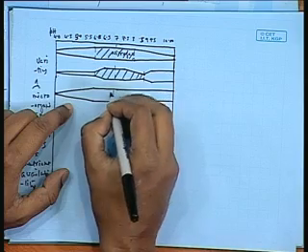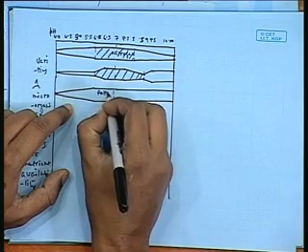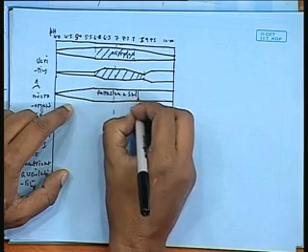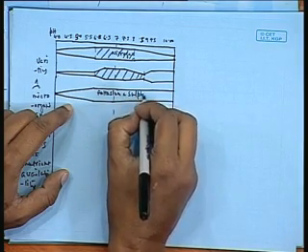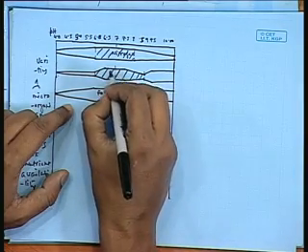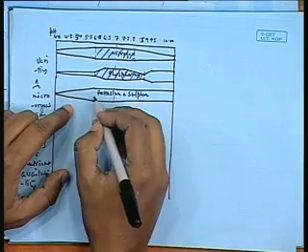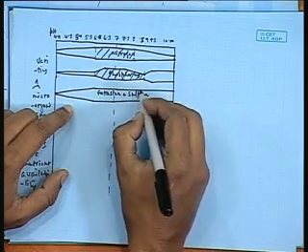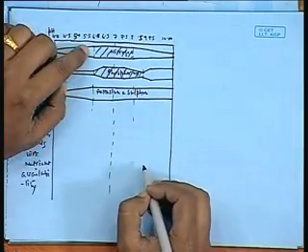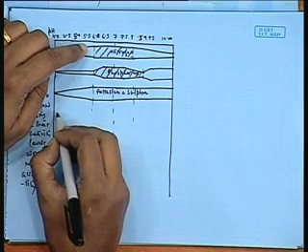This is phosphorus, potassium and sulfur. This one is, as I have said, phosphorus. So here again, as you can see, we would be very safe if we keep the pH between 6 to 8.